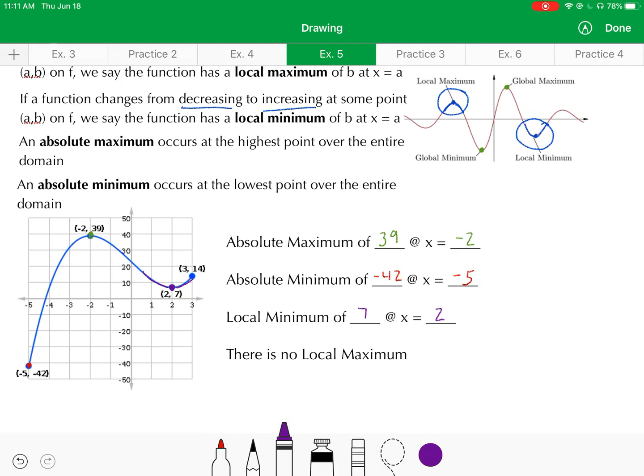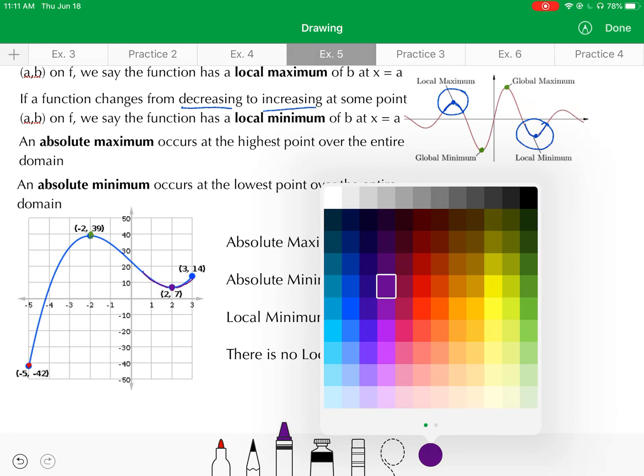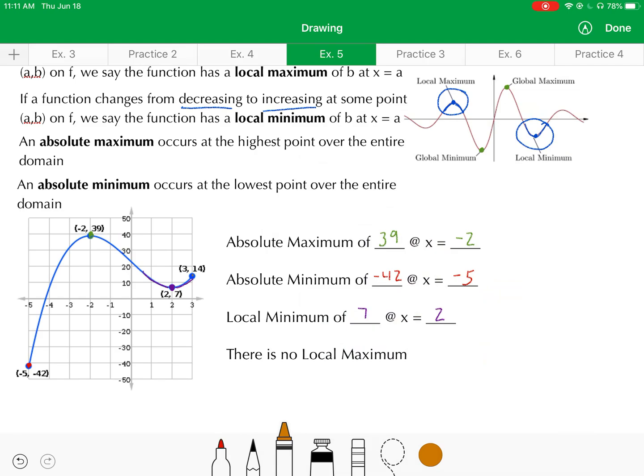And lastly, you can see there is no local maximum I've listed. And some of you might argue that right here could be considered a local maximum. However, we're considering that to be an endpoint of the graph, okay? And this is where the definition of a local maximum really comes into play.